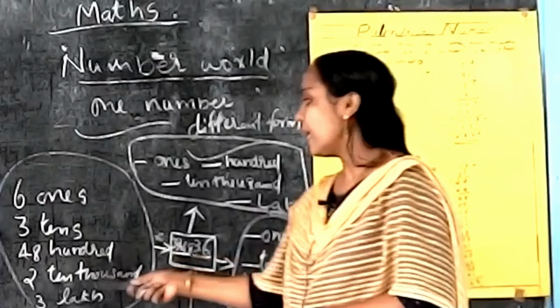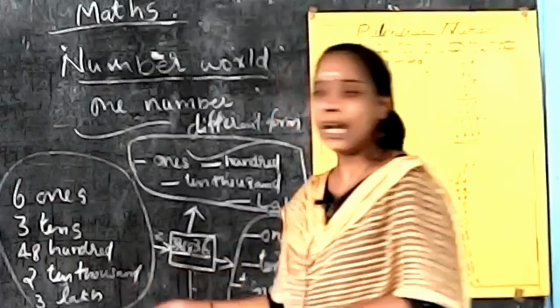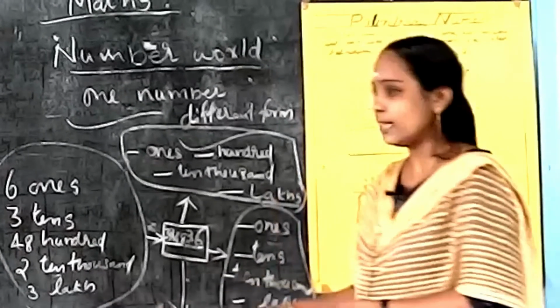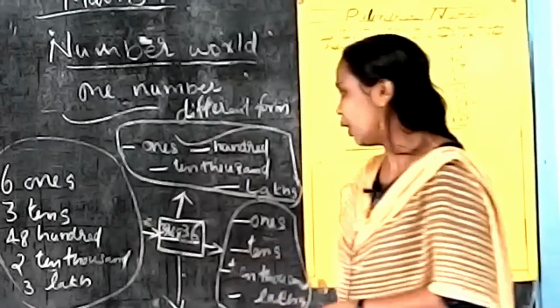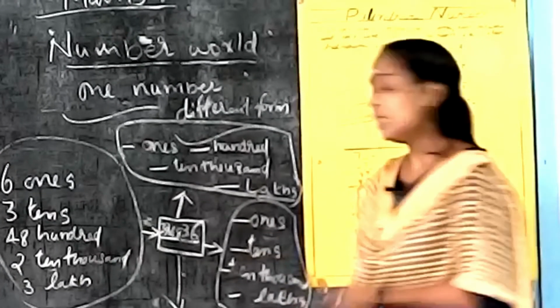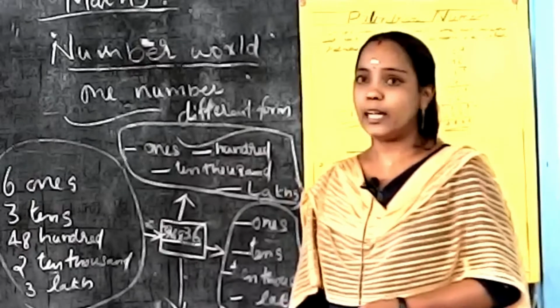Okay, we got that 6-digit number. What is the number name? 3,24,836.